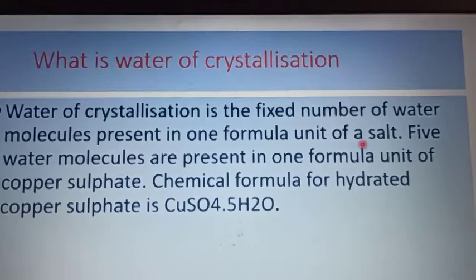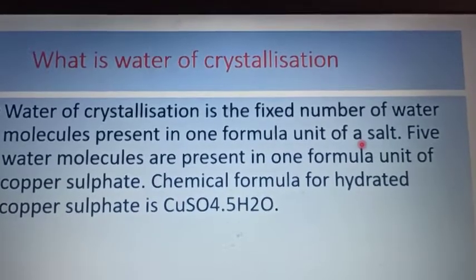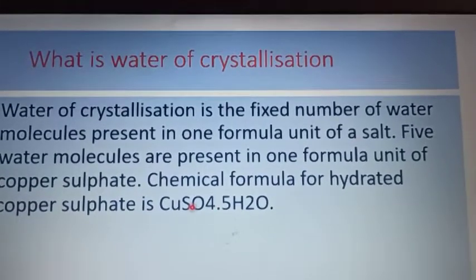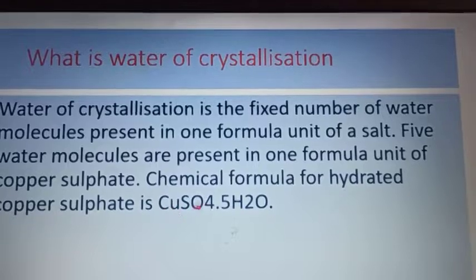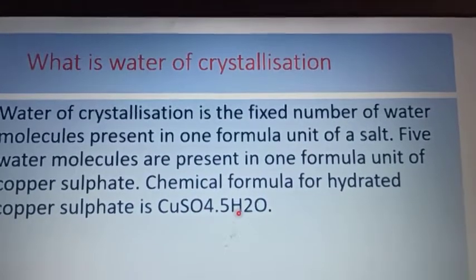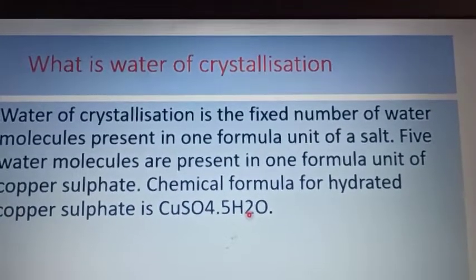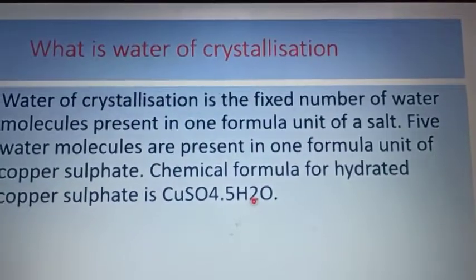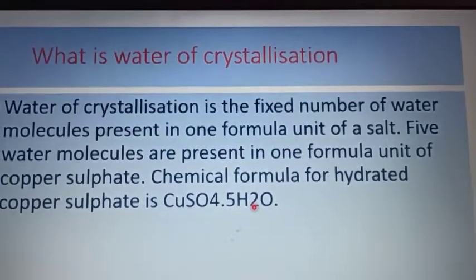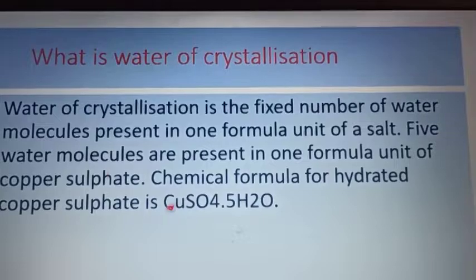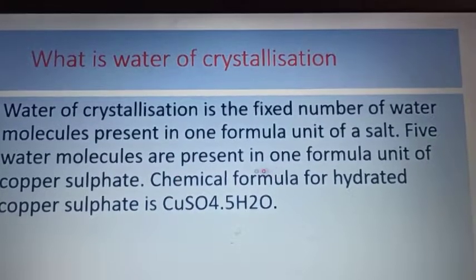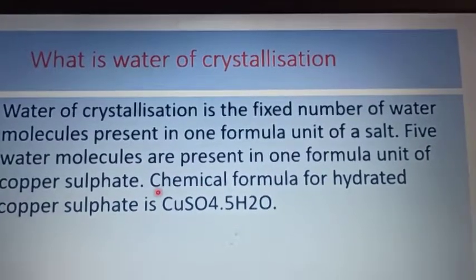That is water of crystallization. In the same way, 1 molecule of copper sulfate has 5 molecules of water attached with it. This is the water of crystallization. 5 molecules of water are present in 1 formula unit of copper sulfate.